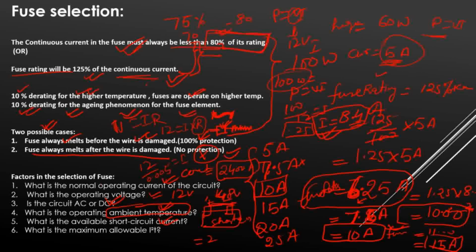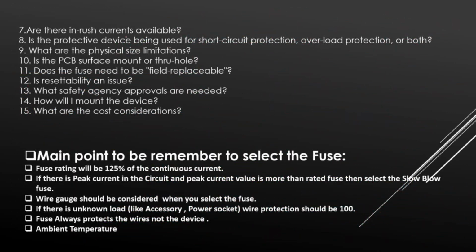So this also plays a very critical role when you are selecting the maximum allowable I square T. I square T is responsible for melting the fuse, and it plays a very important role. Coming to the inrush current, which I told you: is inrush current available in the system or not?